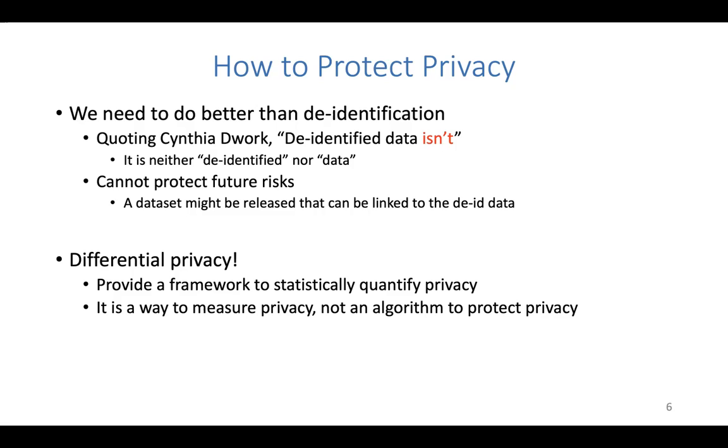Differential privacy is a framework to quantitatively measure a privacy risk, and it does not give you an algorithm to protect privacy. It is up to you to come up with an algorithm to protect privacy, because differential privacy provides the measure. So if you have an algorithm, you can measure how protective of privacy your algorithm is. It's just like accuracy or precision or recall. It's just a way to measure privacy.